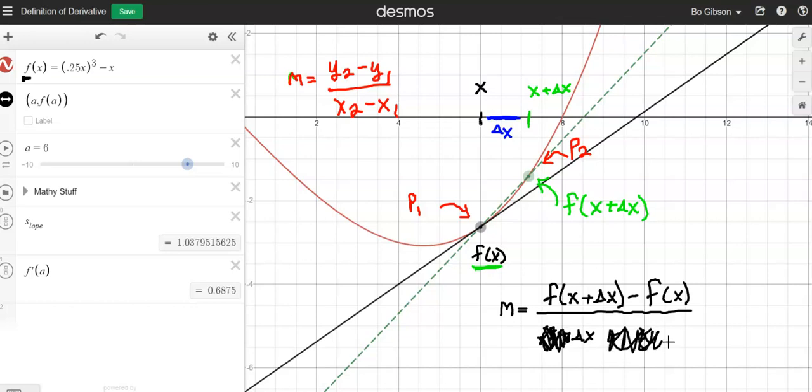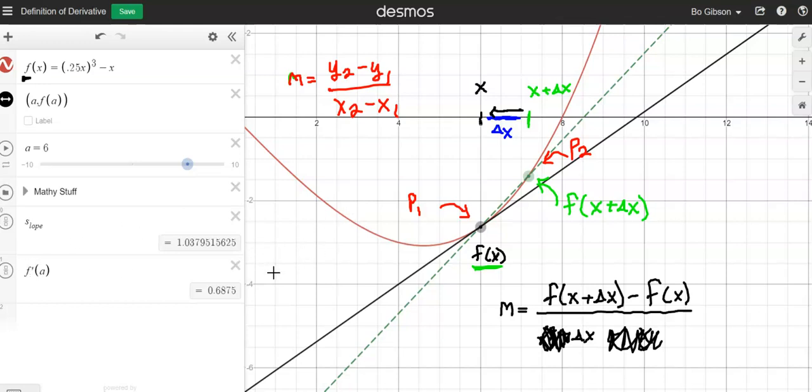So to get an exact answer, we want to take this delta x and see what happens when delta x goes to 0. We want this distance to go to 0. And that's what we call the derivative. The derivative is that exact answer when delta x goes to 0. And so we could write this in the notation of calculus. Typically we would write it with this prime. This is f prime.